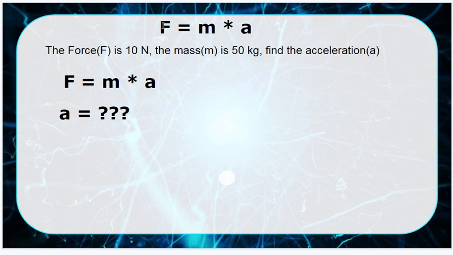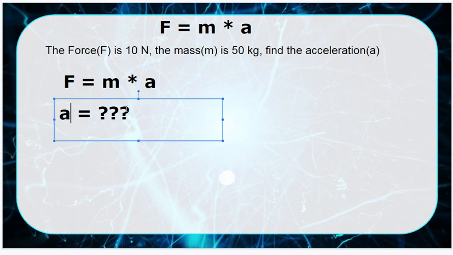Well, you know how to find force, don't you? You just multiply the mass times the acceleration. But what if I give you the force and the mass, and I ask you to find the acceleration? I have a lot of students that say, Mr. Carter, you never taught us this. You taught us how to find force, but you never taught us how to find acceleration.